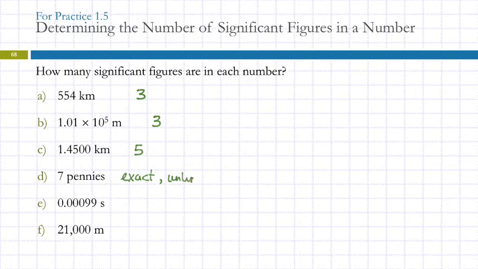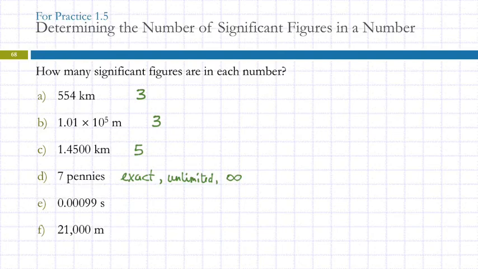You could say that this has an unlimited number of sig figs, except I can't spell that. Unlimited, because it's asking how many significant figures. Unlimited, or you could put infinite. Okay, I'll understand any of those words. But don't tell me it has one significant figure, because we can count out 7 pennies without any uncertainty at all.